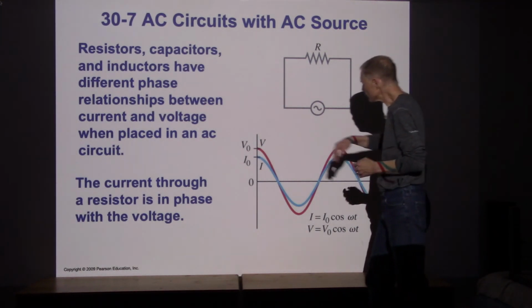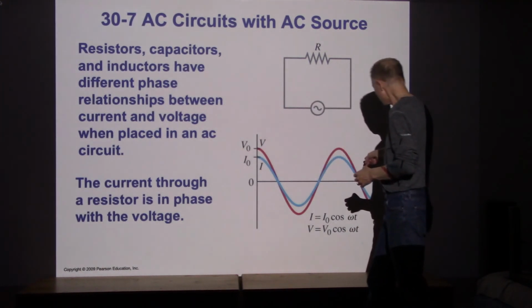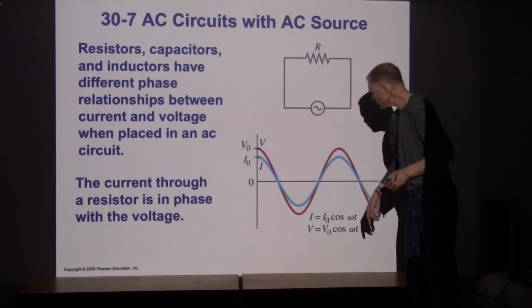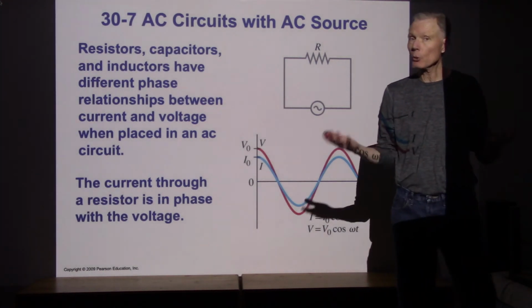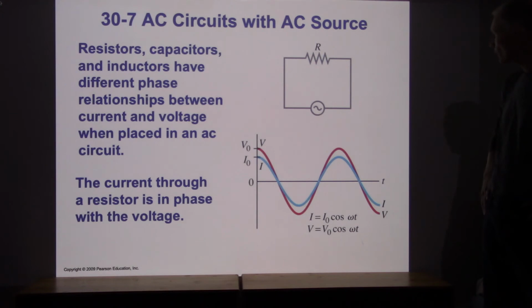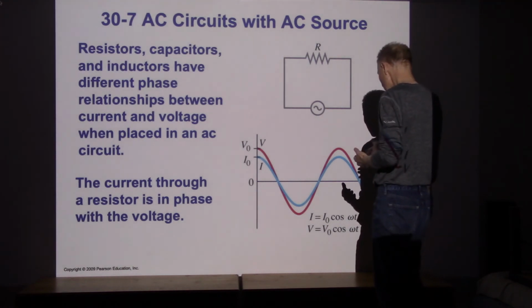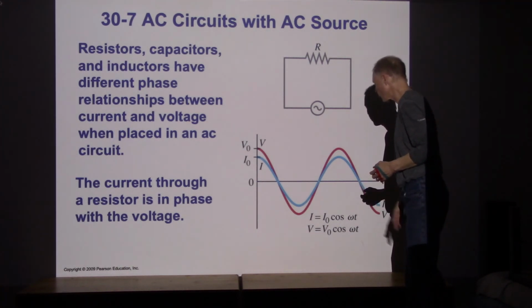We've chosen to represent the oscillating current as a cosine function, so we're going to work from harmonic functions here. Our power supplies are built to give us voltages that are either sine or cosine functions, and we're going to work from cosine omega t for the current.